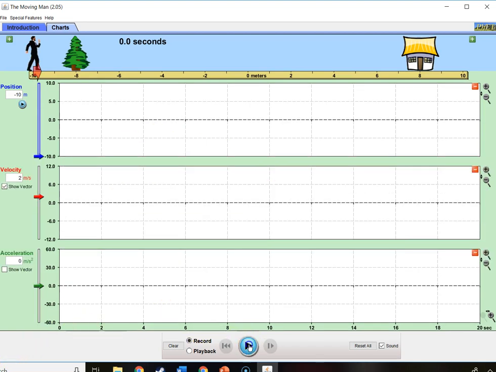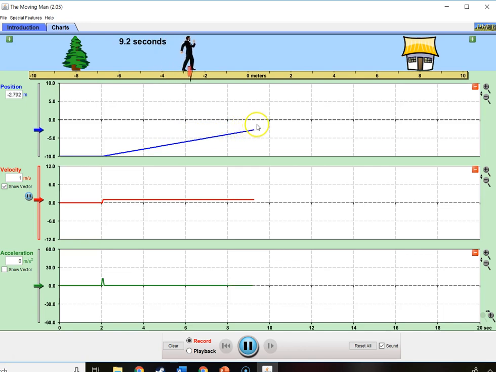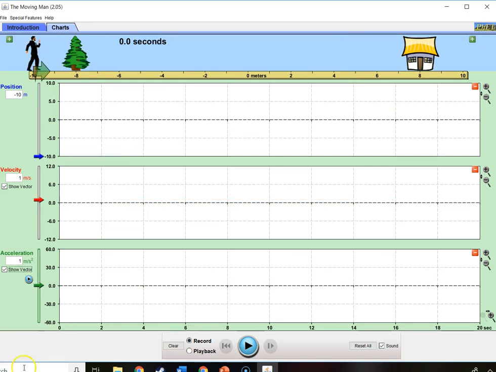Now if we do that same motion here, we have our velocity of 1. We make him go. If you notice here, we have a position versus time graph getting more positive, the velocity versus time graph remaining constant, and acceleration is 0. This time I'm going to make an acceleration of 1, velocity of 1, and we start off at our negative 10 position.